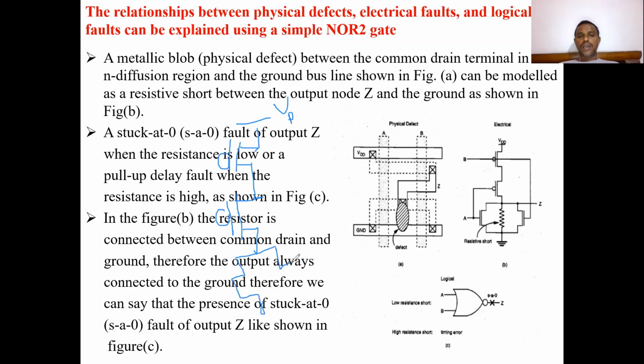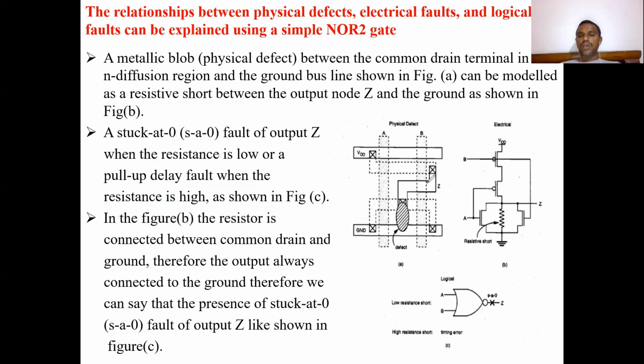This is VSS, or ground, and this one is VDD. For a CMOS NOR gate, these two are considered the pull-up network, and these two are the pull-down network. This is the formation of our NOR gate.